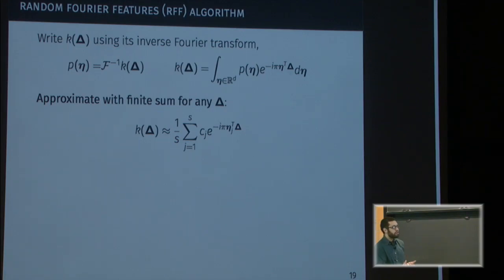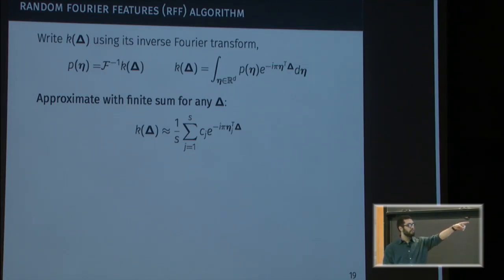The observation is just: let's approximate this integral using a finite sum. This isn't going to give me a lower rank approximation yet, but I could approximate it using a finite sum. Instead of looking over all frequencies, I take just s sampled frequencies, eta 1 through eta s.